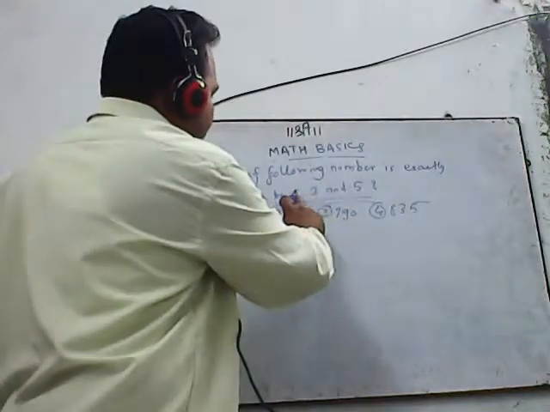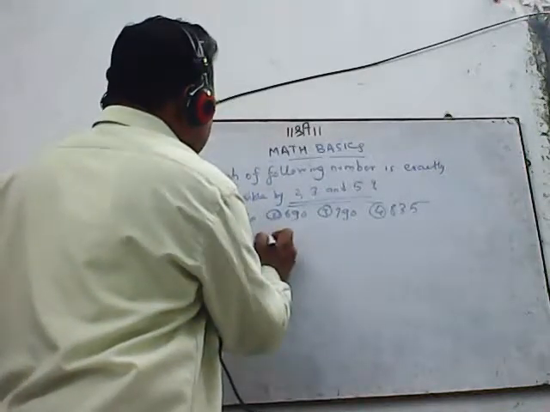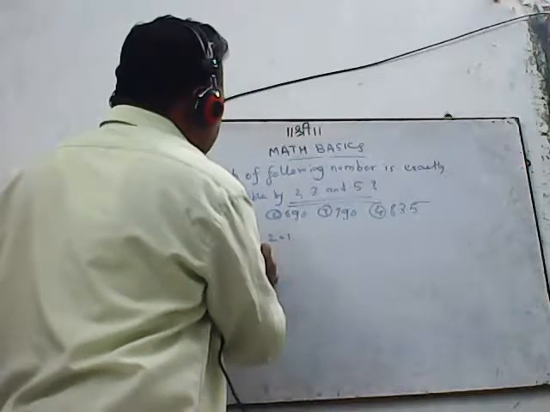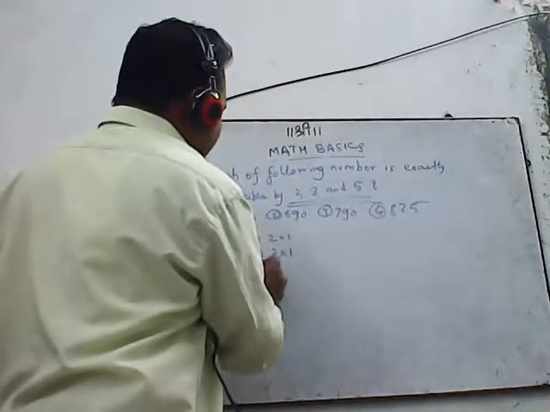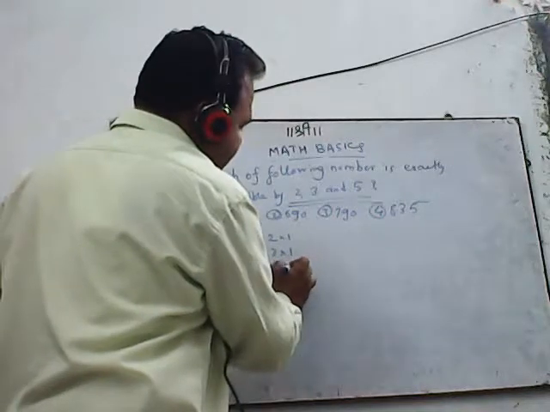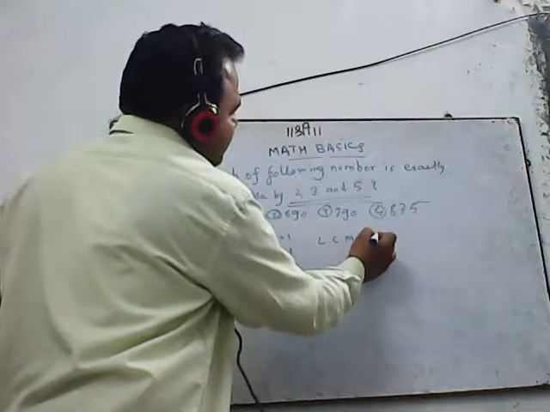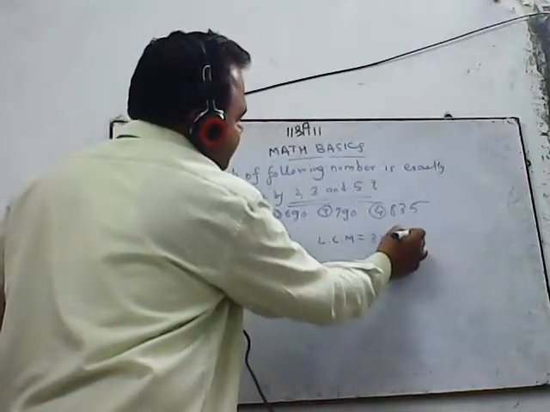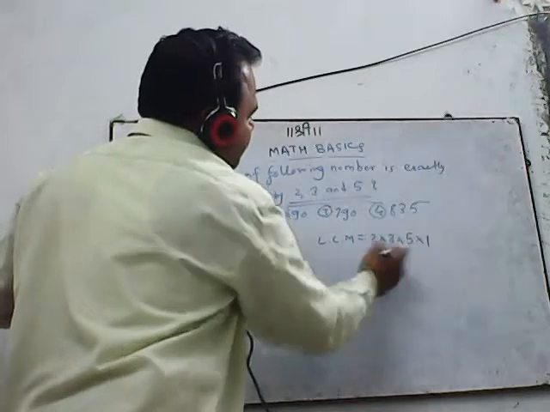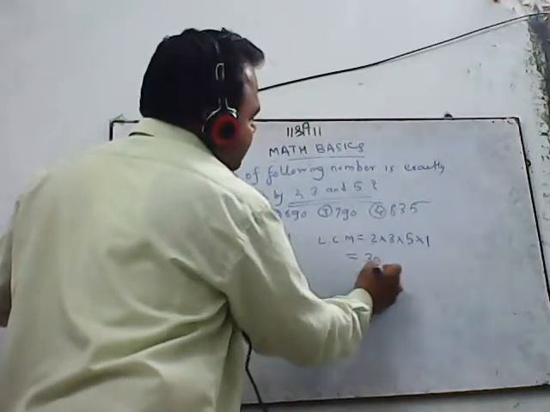You have to find the LCM of these numbers first. 2 is equal to 2 into 1, 3 is equal to 3 into 1, and 5 is equal to 5 into 1. The LCM you have to find will be equal to 2 into 3 into 5 into 1, which is 2 threes are 6, 6 fives are 30.